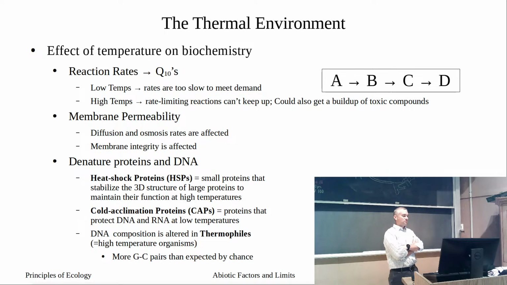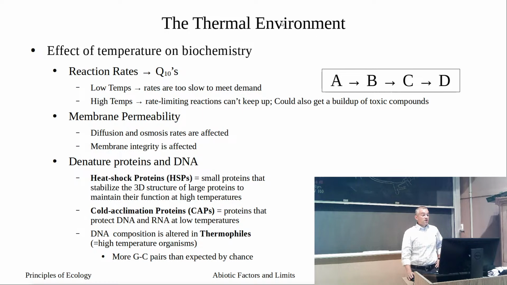Just know that the reaction rate... So our metabolic processes are just a series of pathways. All right, and I try to make a simple pathway, A to B to C to D, and we've got, let's say, enzymes that catalyze these changes from A all the way through D. Those enzymes can have different Q10s, different rates based on the temperature.